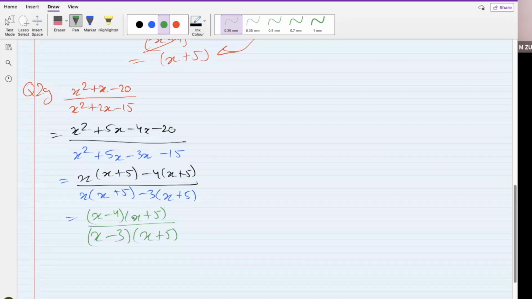So x plus 5 cancels out and we are left with x minus 4 over x minus 3.